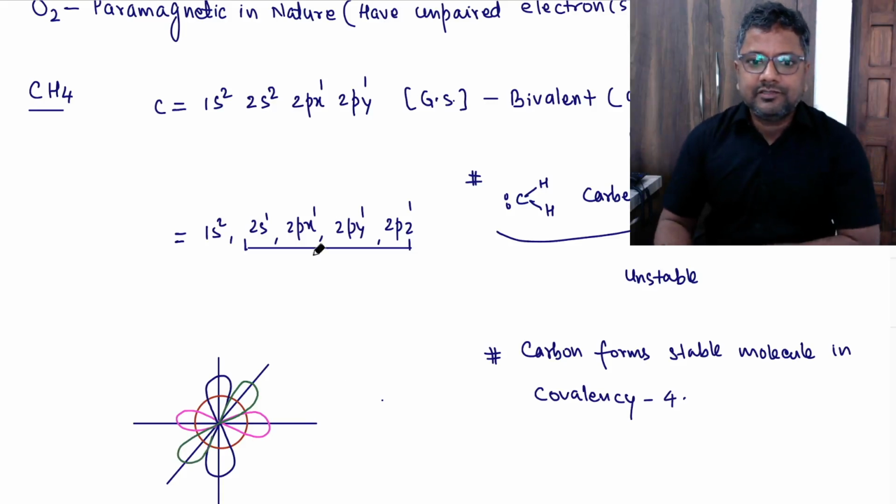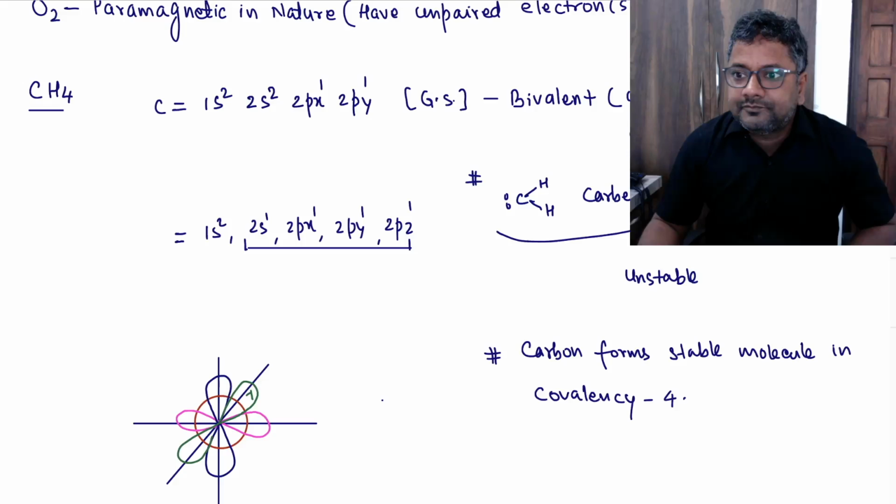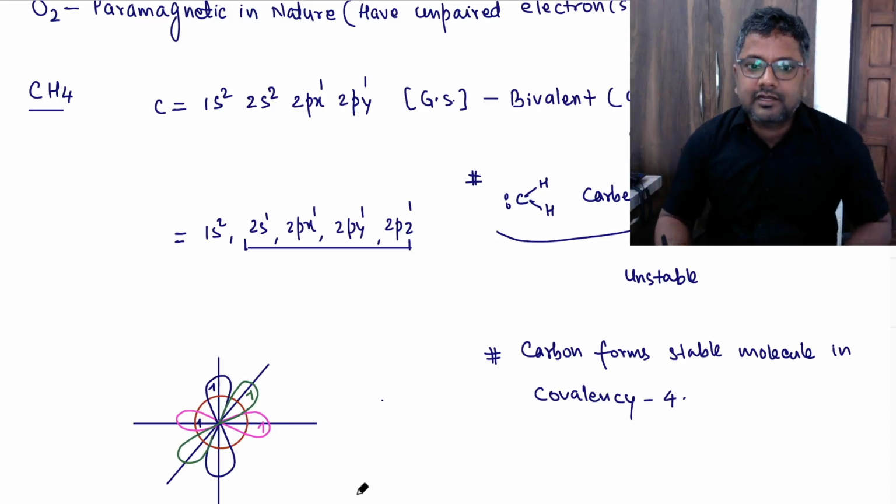So if you consider one electron in s, one electron in px, one electron here, one electron here, and this 2s electron, suppose I am putting here, right?